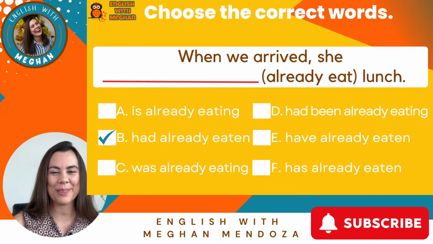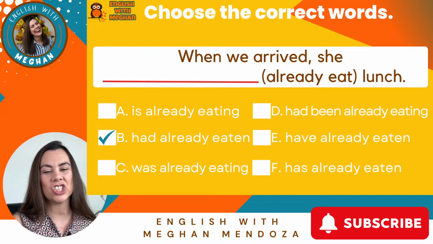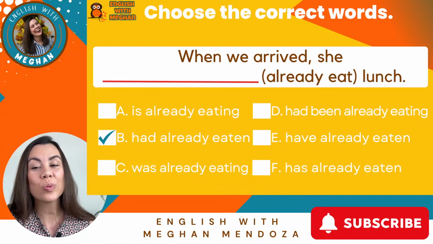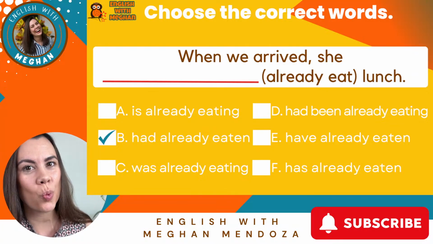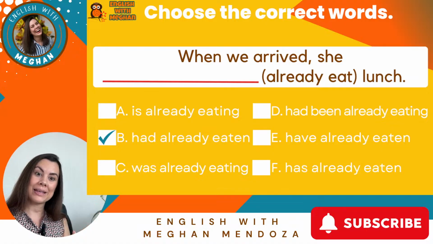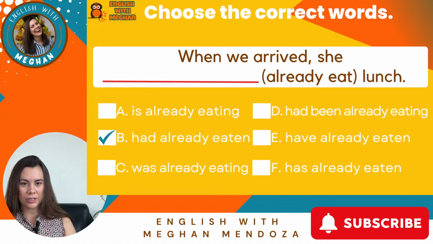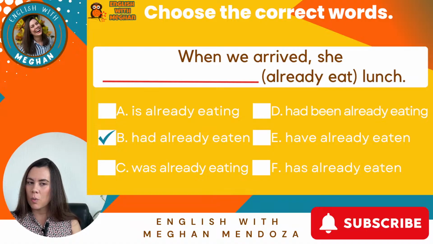B. Good job in the chats. Nice work, Ashal. Yes. When we arrived, she had already eaten lunch. Why is this the past perfect? Remember, we talked about at the beginning of this class when to use the past perfect.